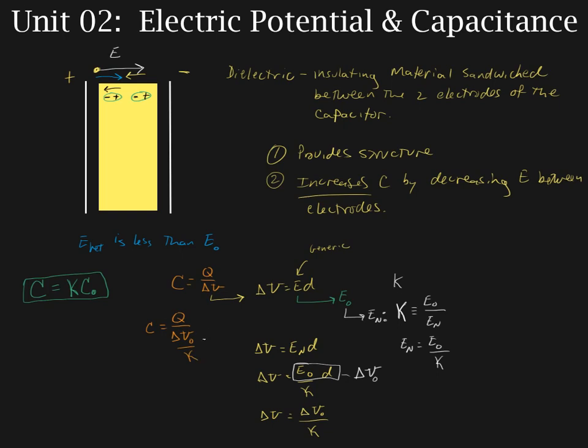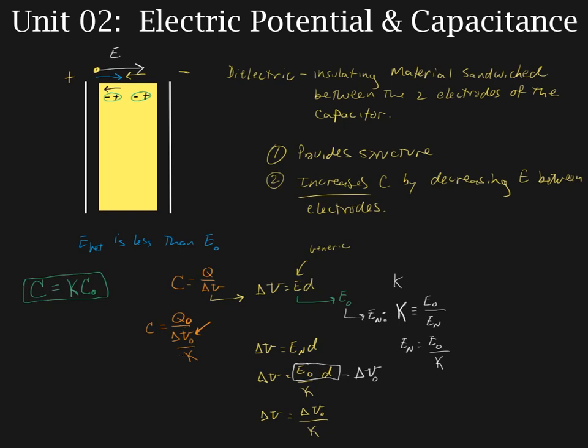Okay, now, if we have this delta V naught right here, that implies that this is the charge due to that delta V naught. Okay, so before we place our dielectric material into the space between the parallel plates, this delta V naught would create a Q naught.